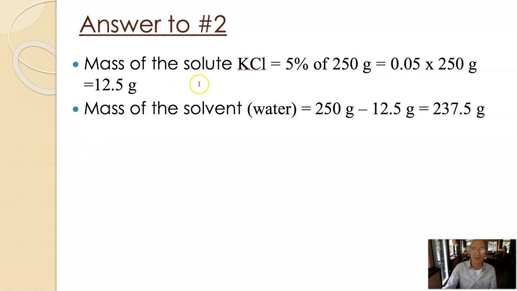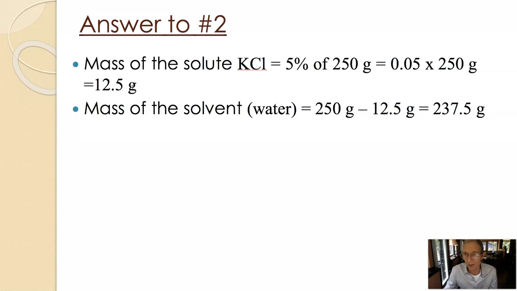Okay, so the mass of the potassium chloride equals 5% of the 250 grams, which is 5% of the mass of the whole solution. So I just flip that into a decimal, and you get 12.5 grams. We also wanted to know the mass of the water.